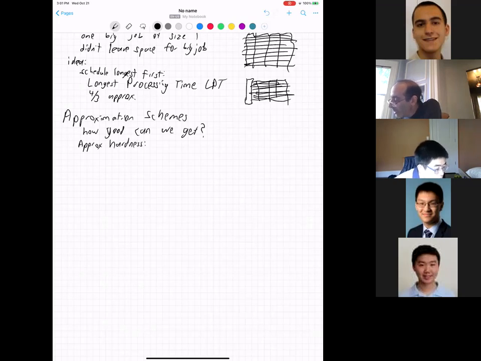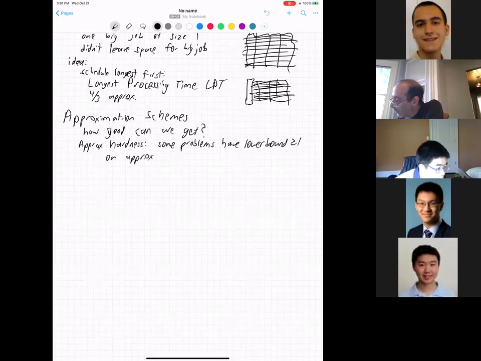Using various techniques from complexity theory, the same sort of stuff that's used to prove NP completeness, we know that there are some problems that have a lower bound greater than or equal to 1 on their approximation ratio, unless P equals NP. So some problems cannot be approximated to within a factor better than 2, or a factor better than 8/7, or a factor better than 0.878, 1 over 0.878.